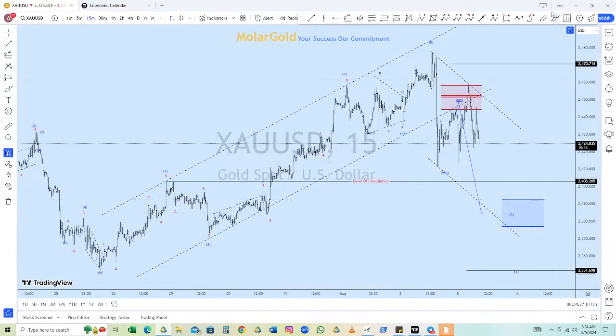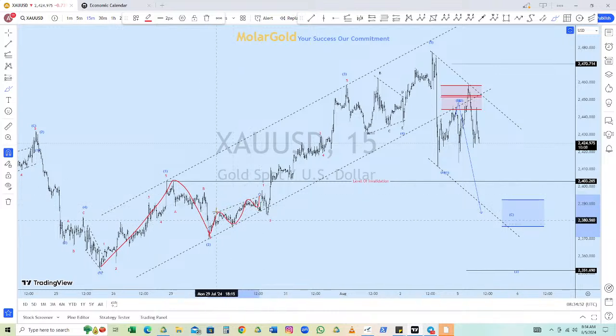So gold had initially, I drew this to be a 5 wave, which is correct. This is also a 3 wave, which is correct. But this is where we have a little change here and there. This is a triangle, 1, 2, 3, 4, 5.